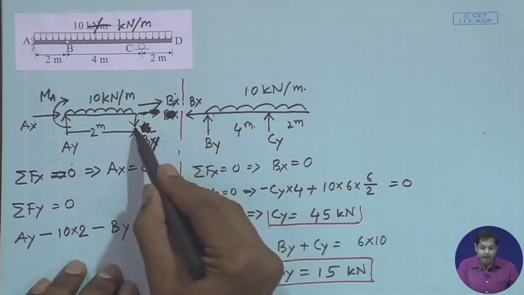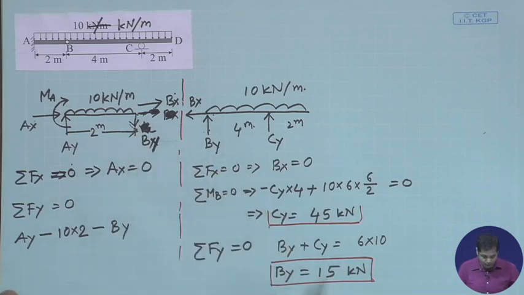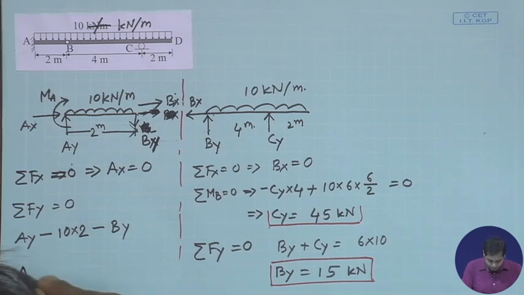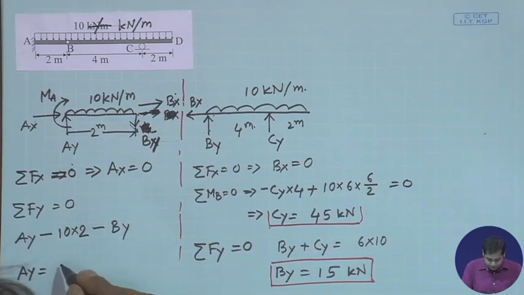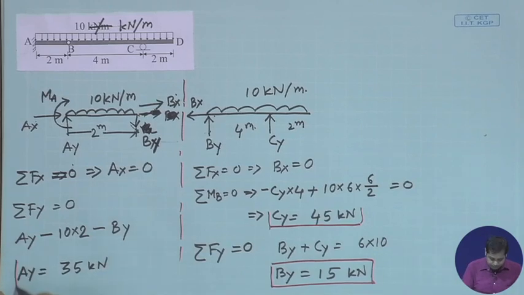Please note here By is in opposite direction. By is already 15 we obtained, and then finally Ay will be 35 kilonewton.